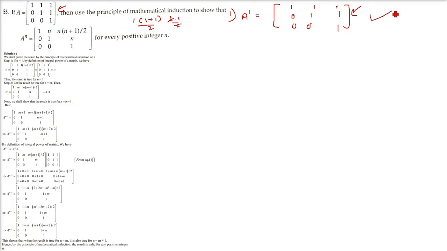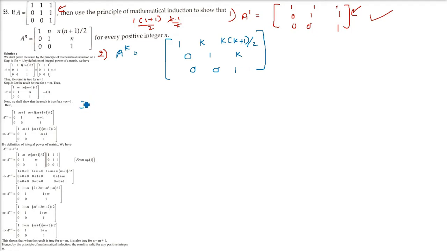Now the second step is, we assume that it is true for any k. You can also call it m, but I am calling it k. For any k it is true. That is 1, k, k plus 1 by 2, and this is 0, 1, k, 0, 0, 1. Right?